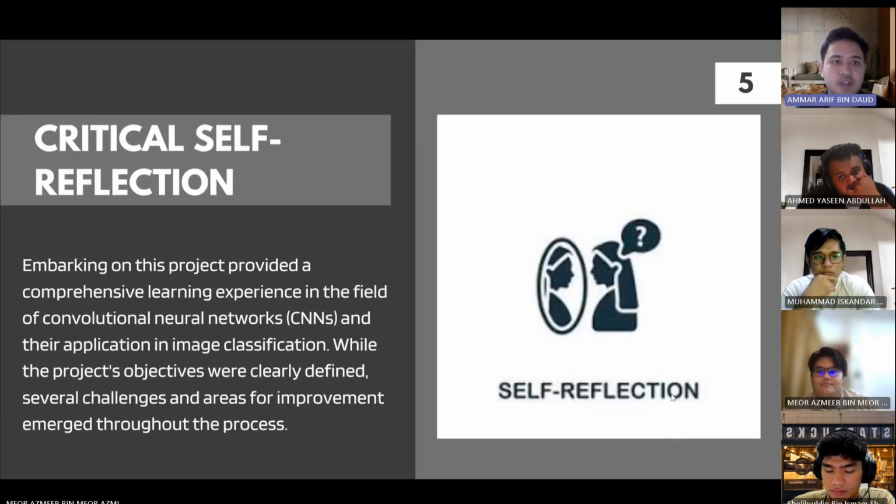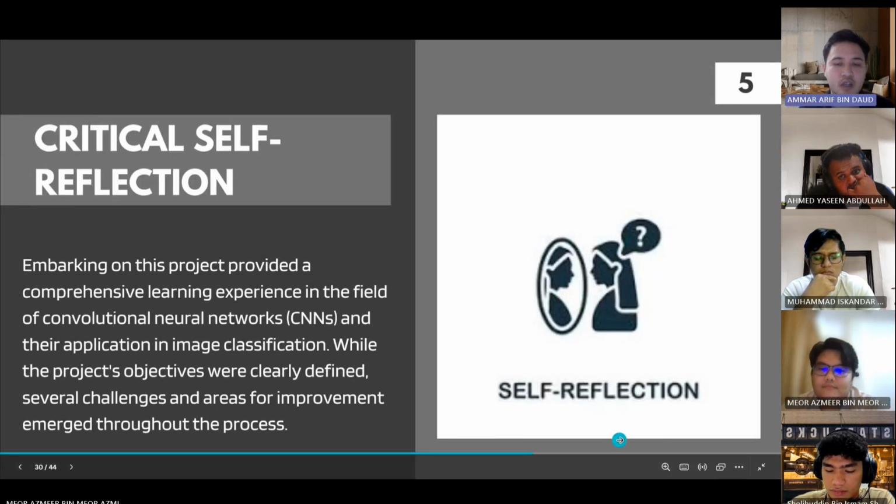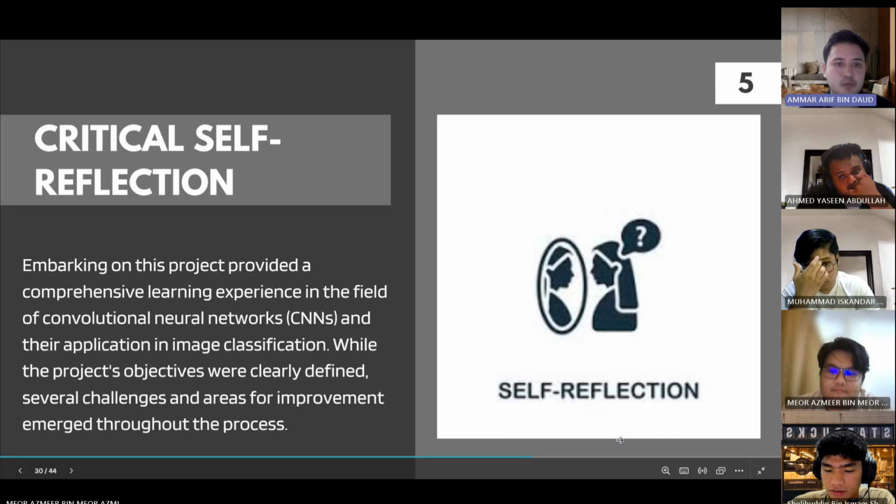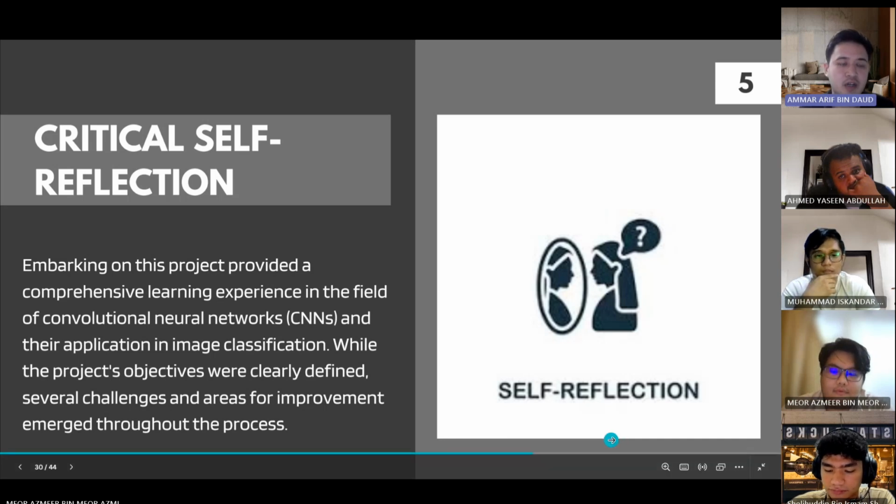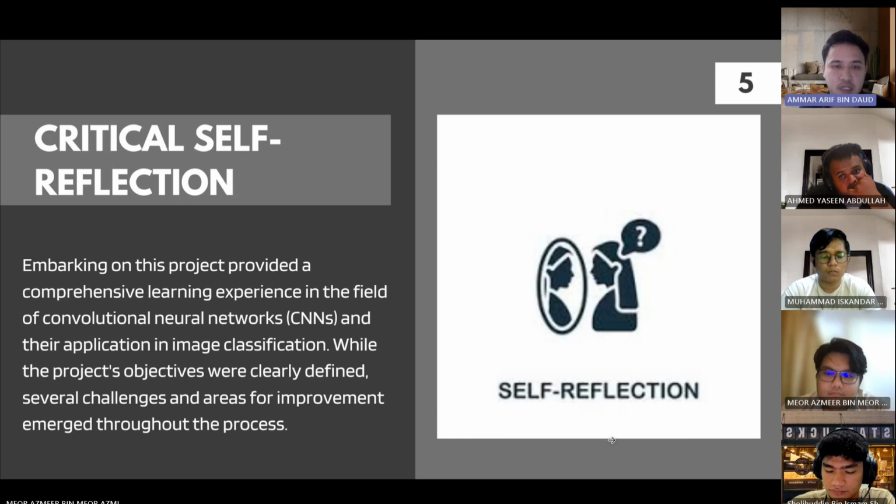Okay, so for the critical self-reflection, from all of this project, we can see that there are a lot of applications in image classification. While the project objectives were clearly defined, there are several challenges and areas of improvement we can address in image classification, such as, next slide.